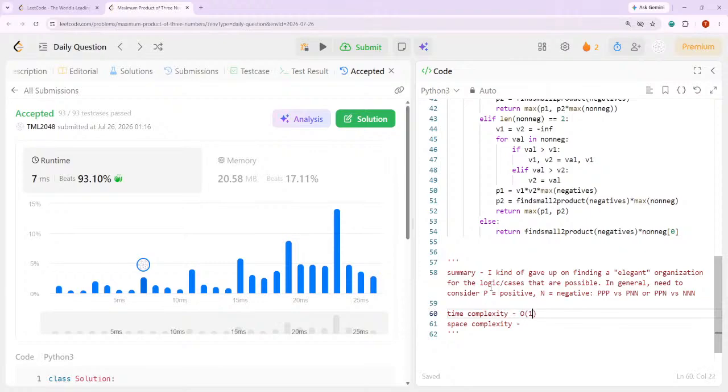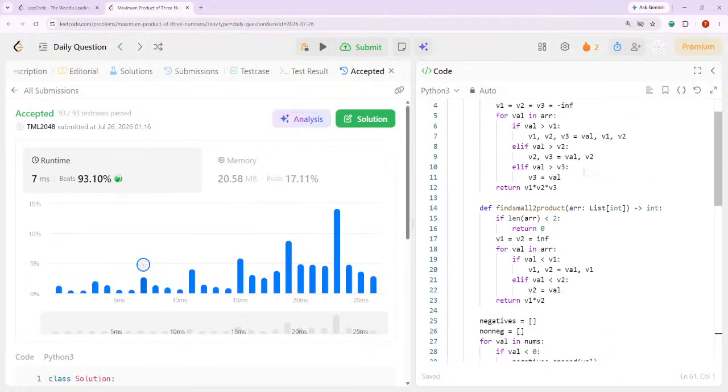Time complexity is going to be O of 1. Actually, sorry. So O of n. Each solution will need to do at least one pass over the values, right?